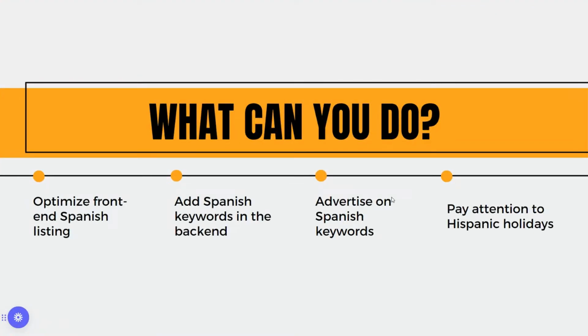Advertise on Spanish keywords, super relevant. It is cheaper. The ROI and the ACOS are way better once you are optimized for that customer. If you have the right keywords and the right listing, if your information makes sense, the improvements with advertising are great.